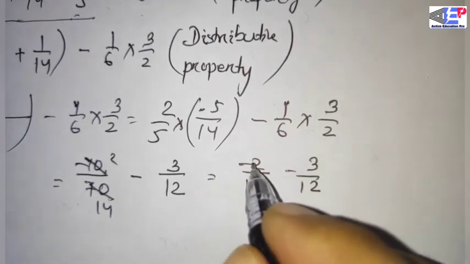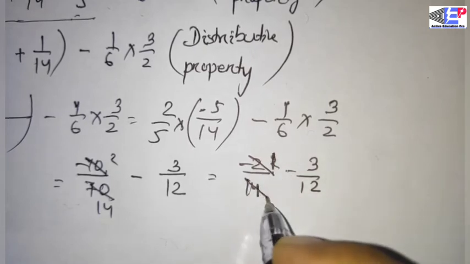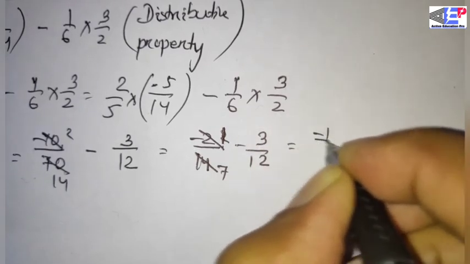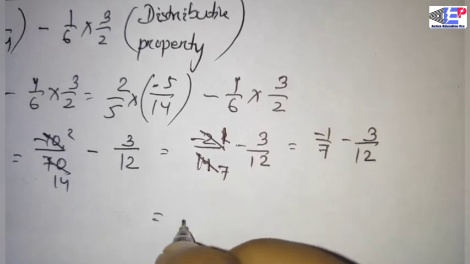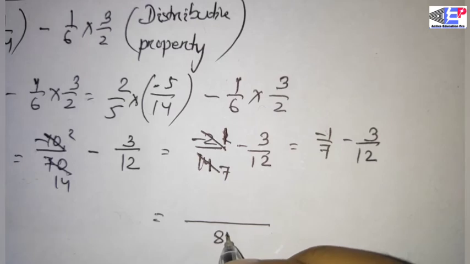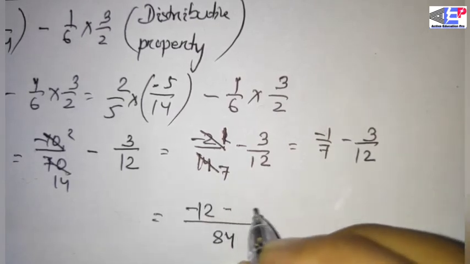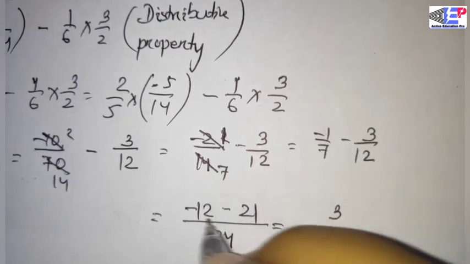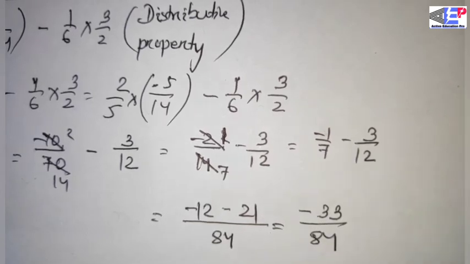Otherwise you can cancel by 2 again, so this is 1 and this is 7: minus 1 by 7 minus 3 by 12. Take the LCM, 84. Minus 12 minus 21, which is minus 33 by 84.